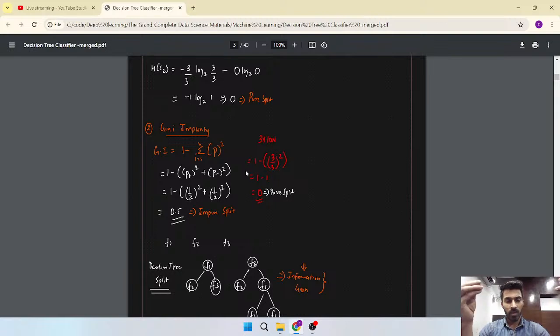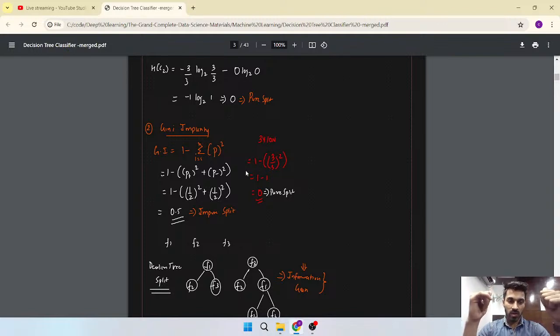It's a very simple equation. So if your data set has very huge data, like suppose 1 lakh records, if your data size is huge, then directly apply Gini impurity.